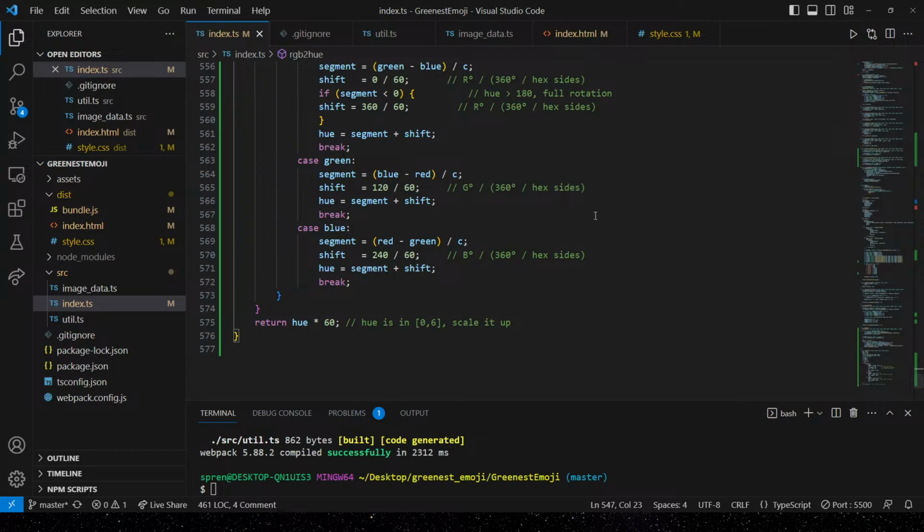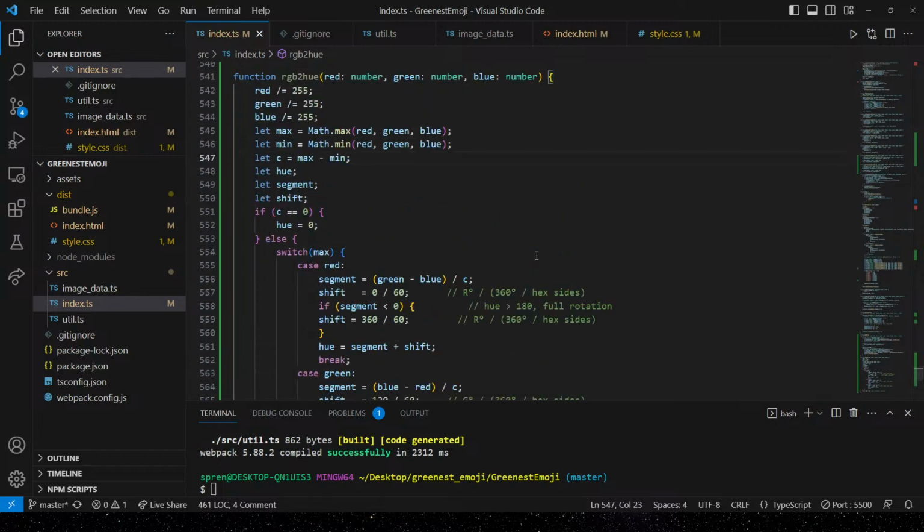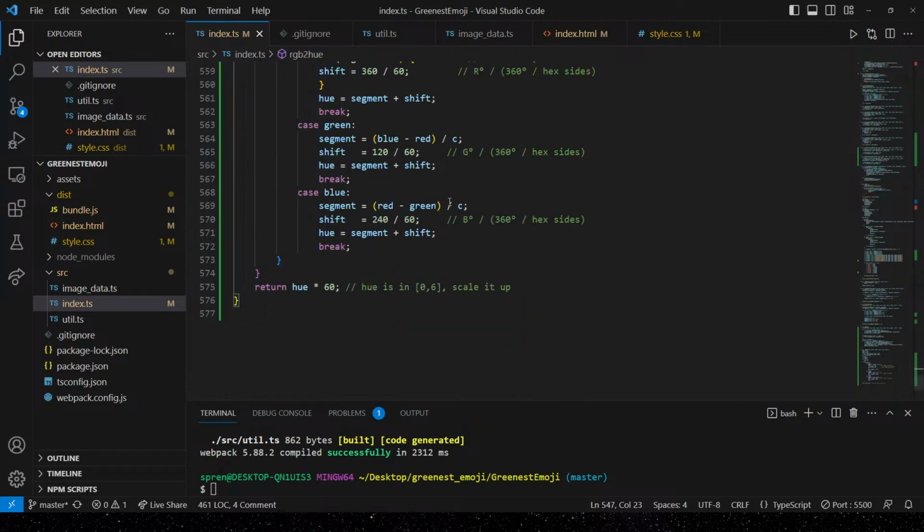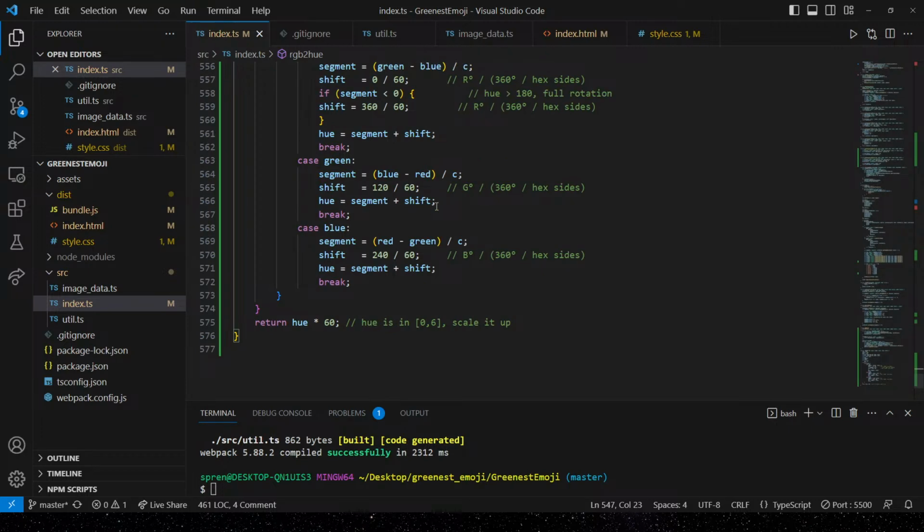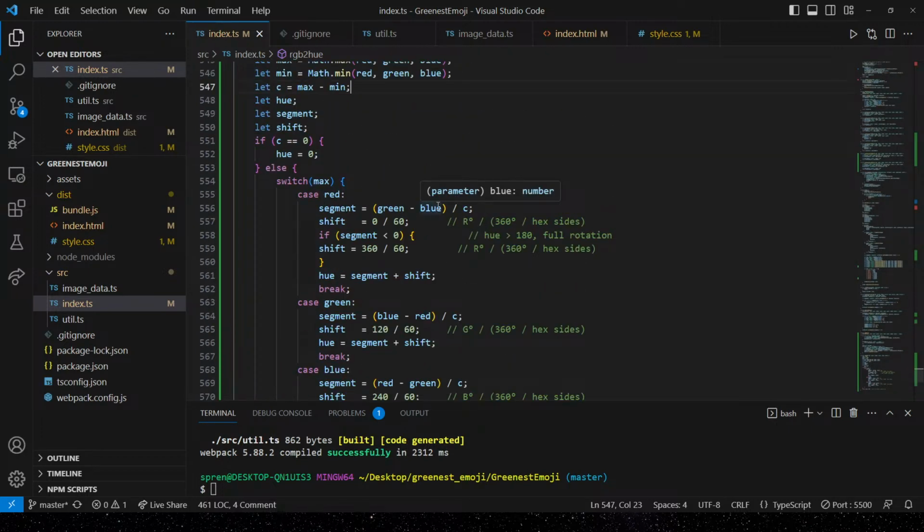Okay. All right. So we know the hue. I claim we know the hue, which is a number between 0 and 360.